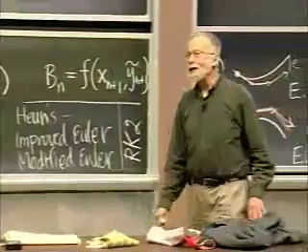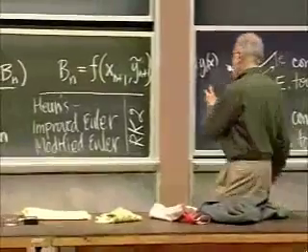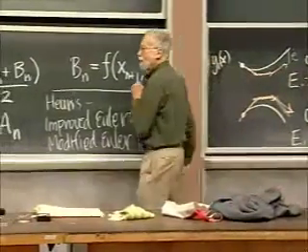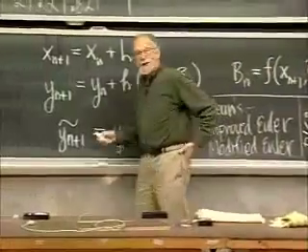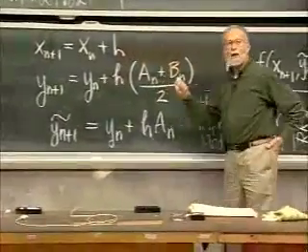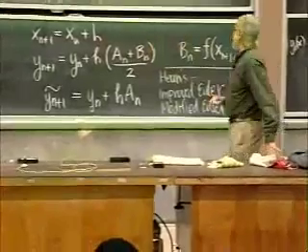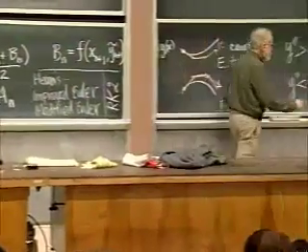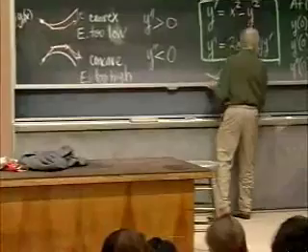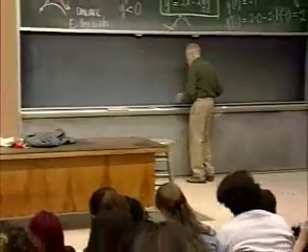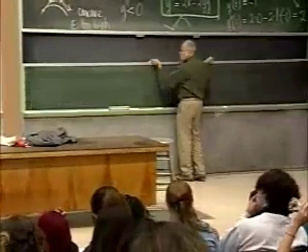RK stands for Runge-Kutta. And the reason for the 2 is that it uses 2 slopes, but the real reason for the 2 is that it is a second order method. So that's the most important thing to put down about it. It's a second order method, whereas Euler's was only a first order method.